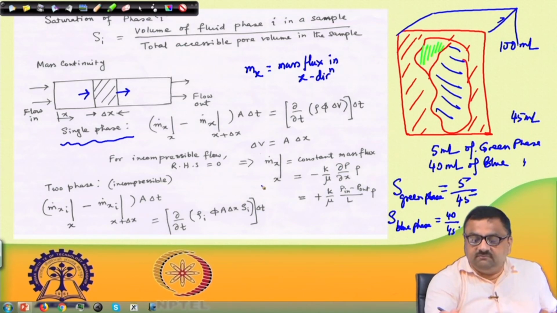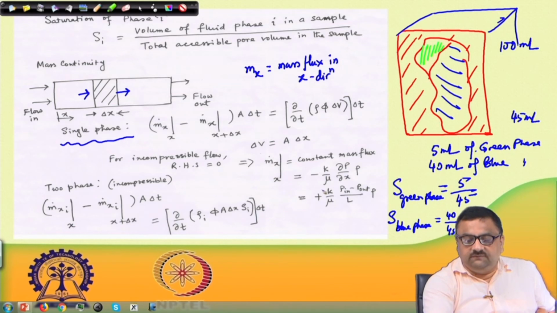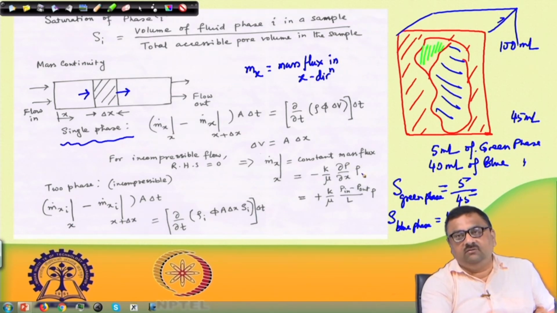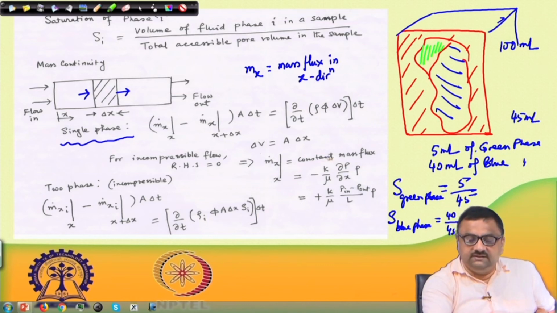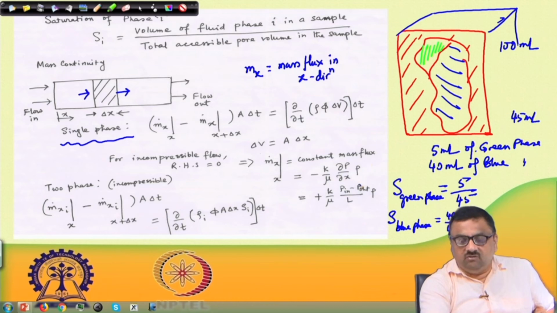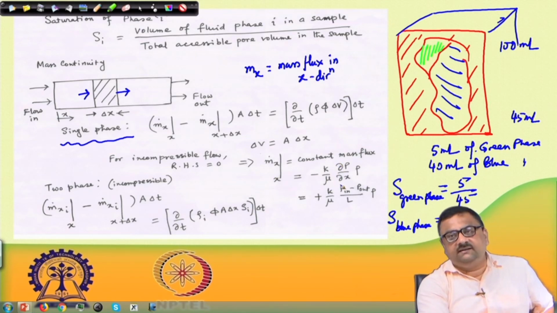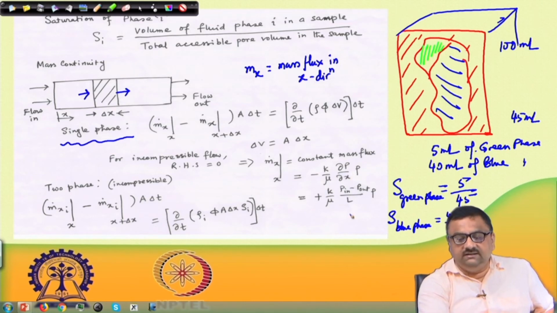Since this is a mass flux, the superficial velocity is basically the volumetric flux, and you are multiplying it by rho, the density, which is kg per meter cube. So, this gives me the mass flux, volumetric flux multiplied by rho. And we had another embodiment of the same equation. Since the flux is constant, del p del x has to be equal to a constant, which means you can simply consider the pressure to be linearly changing with x.